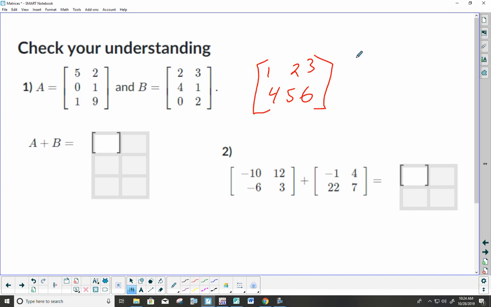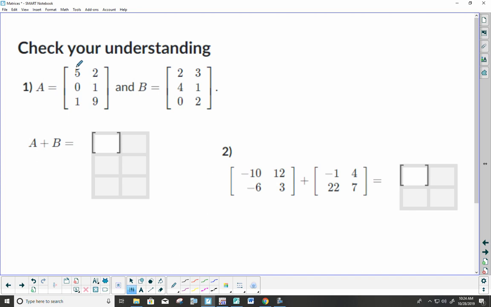So this is a 2 by 3, and say I want to add it to this one. You have to add the individual elements. Well, you can start, 2 plus 1 is 3. 3 plus 2 is 5. But then what am I adding to this one? And you run into the same problem. When you're on this row, there's nothing to add it to. They have to be the same dimensions in order to add them together.